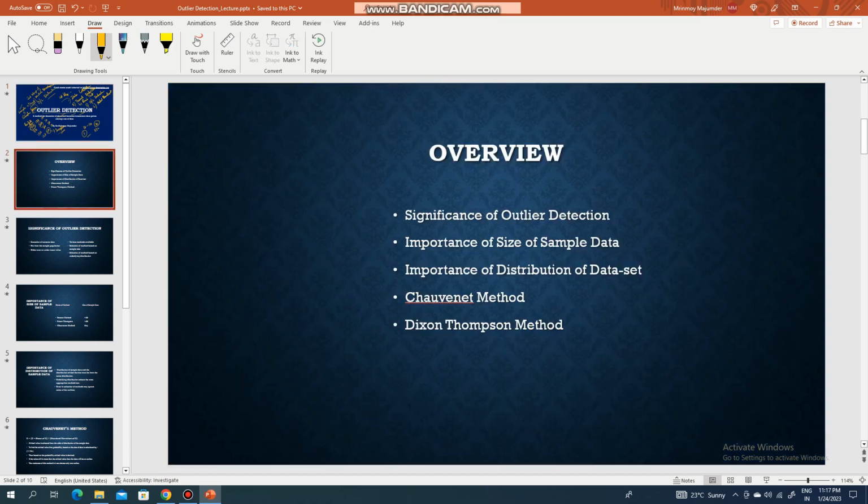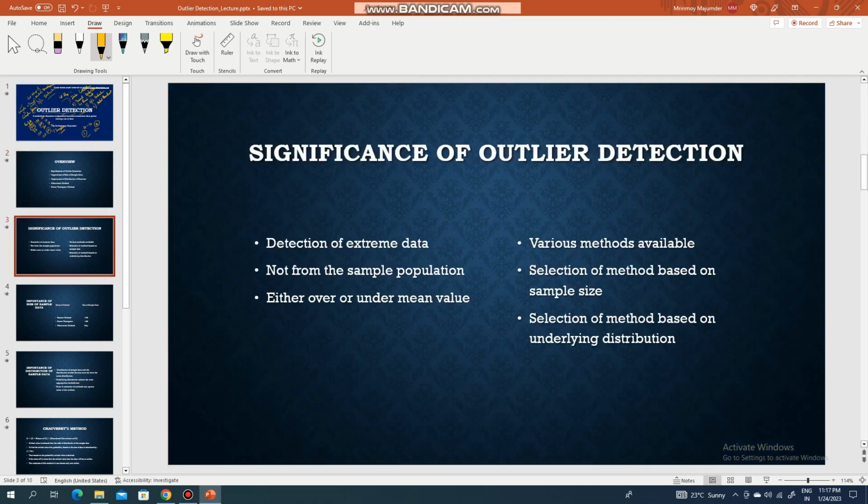So there are many different methods of outlier detection. You see the significance is written here. Significance of outlier detection methods is detection of extreme data which are found not to match the trend of the sample population, either over or under the mean value. That means very much over and very much under the mean value.